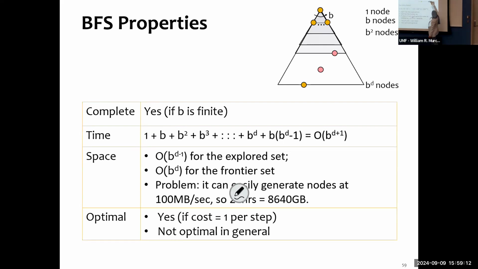Until we reach the goal, we will be going through the sum of all these elements, which is in the order of O of B to the power D plus 1. The space complexity is given here. And is this an optimal solution? Yes, it could be if the cost is equal to 1. Otherwise, it's not an optimal solution in general.